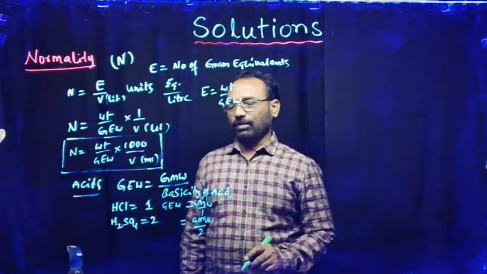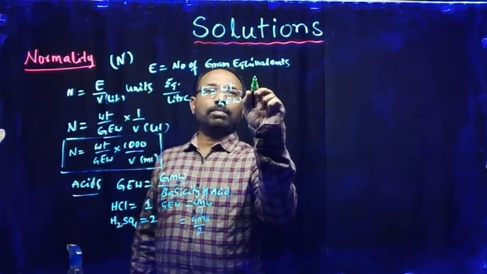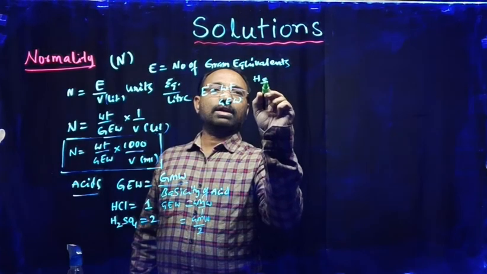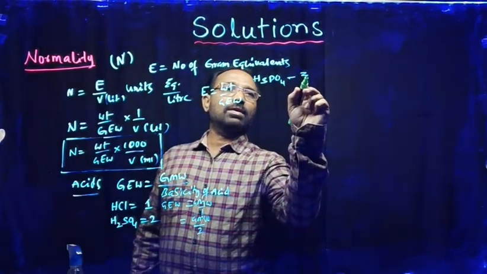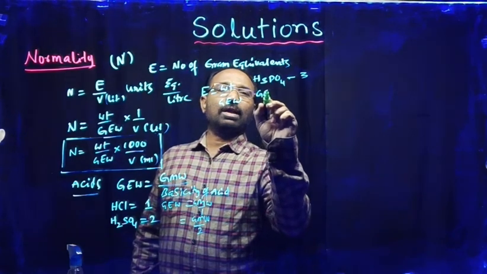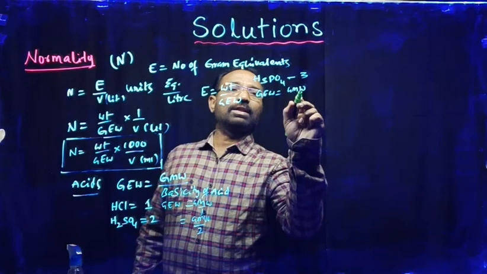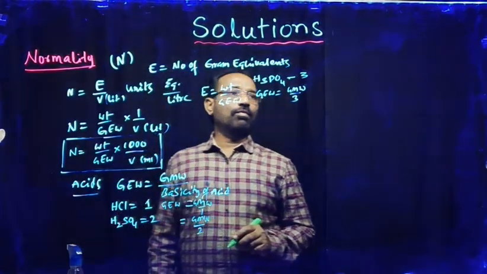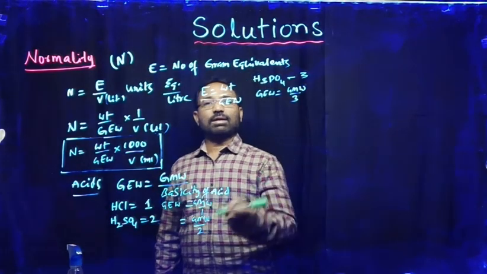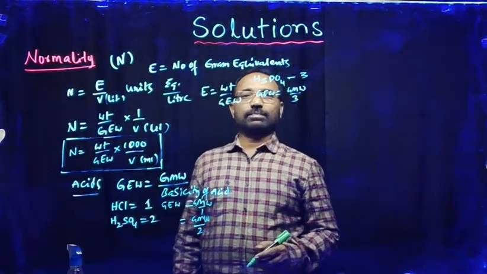But in case of H3PO4, the basicity is 3. Therefore, gram equivalent weight equals gram molecular weight by 3. Why? Because it contains 3 replaceable hydrogen atoms.